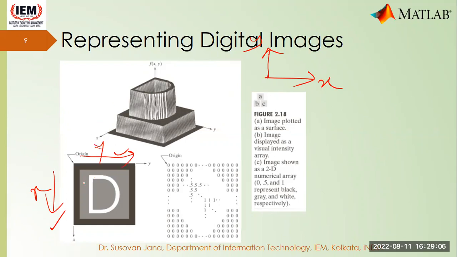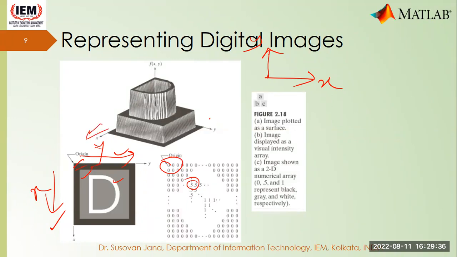So here in that particular image, this is the black part, this is the mid gray part, and this is the complete white part. If I assume that complete black has intensity 0, mid gray intensity 0.5, and white intensity 1, you can imagine that the pixels residing in the blackish part will be at the ground level.